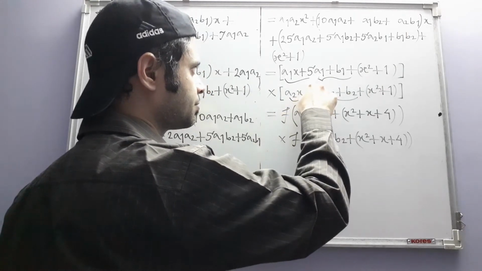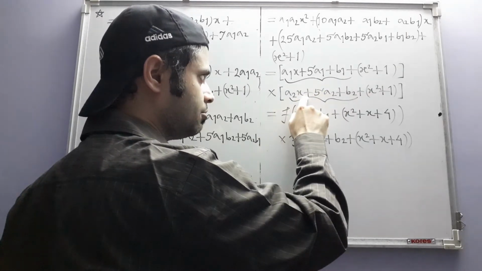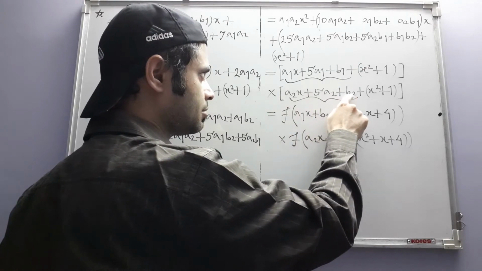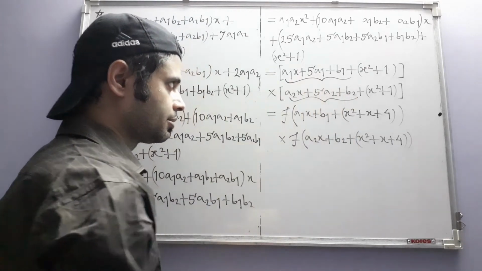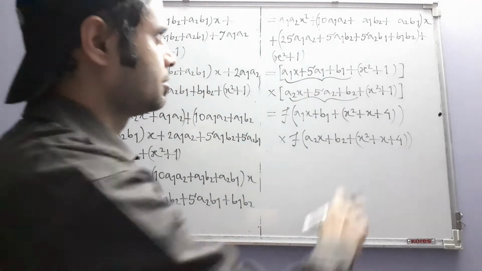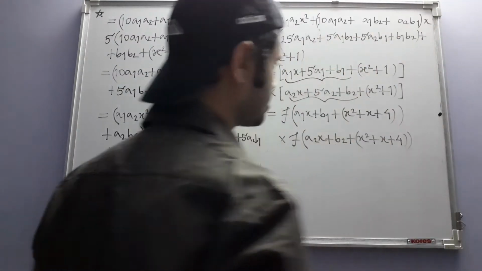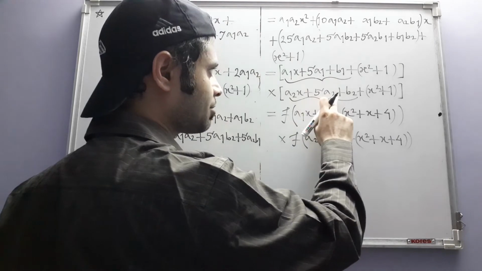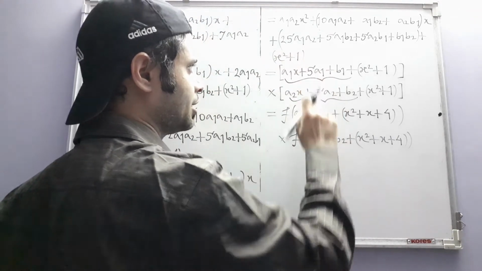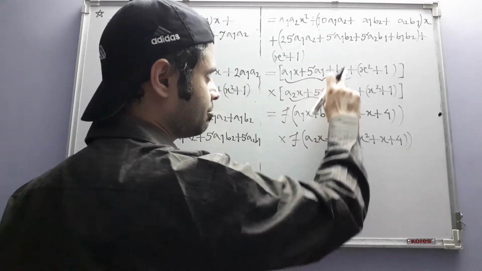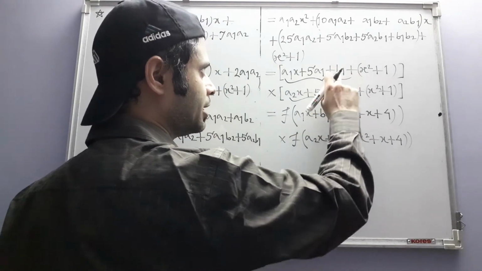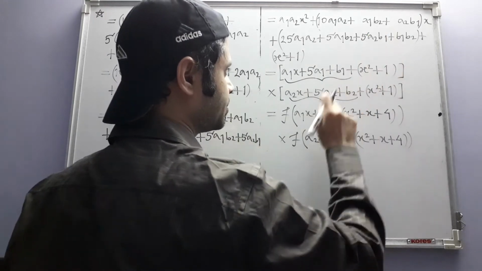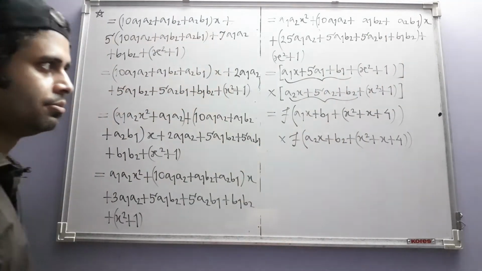Then a1 b2 x plus b1 a2 x. Okay, so that gives us these x terms. Then 5a1 times 5a2 gives us 25a1 a2 plus 5a1 b2 plus 5a2 b1 plus finally b1 b2.